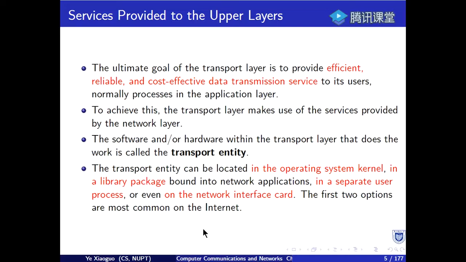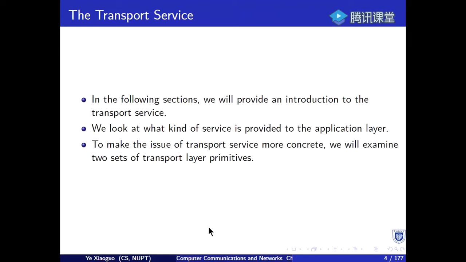The first two options are the most common. So generally, the transport entity is located in the operating system kernel or in a library package bound into network applications. This is the most widely used.